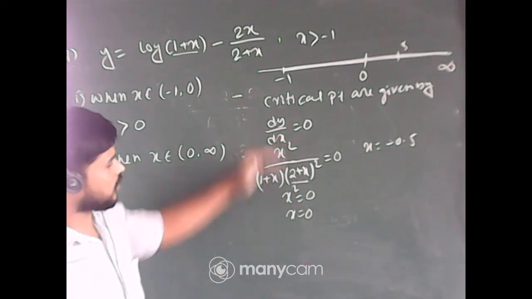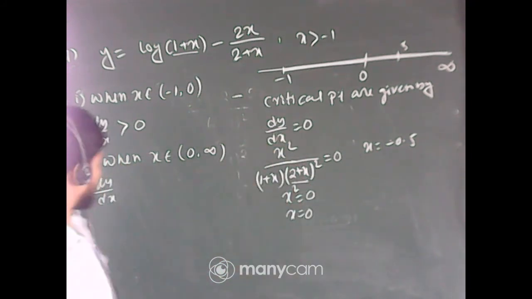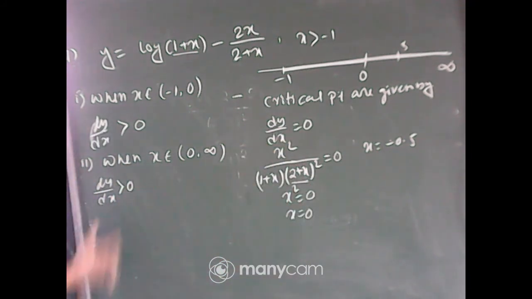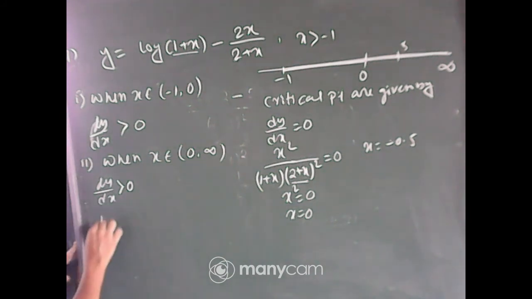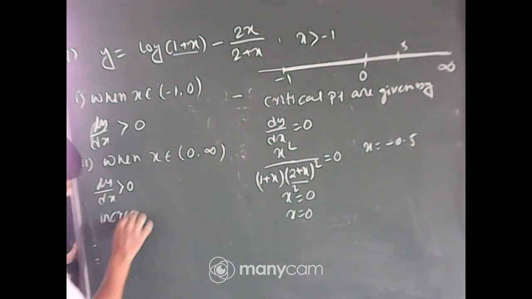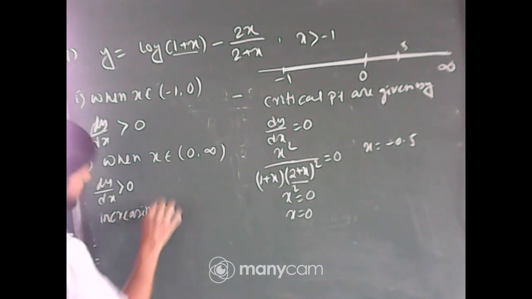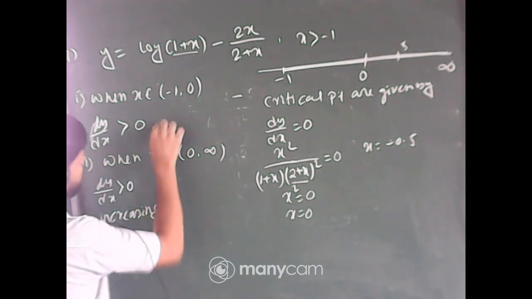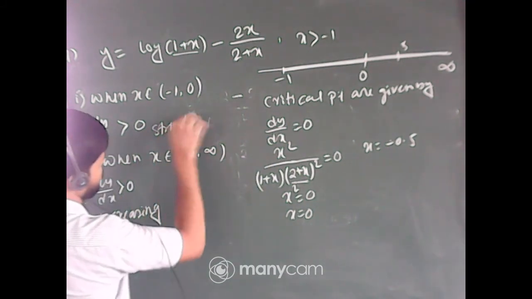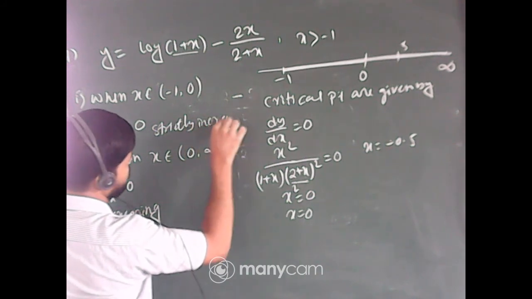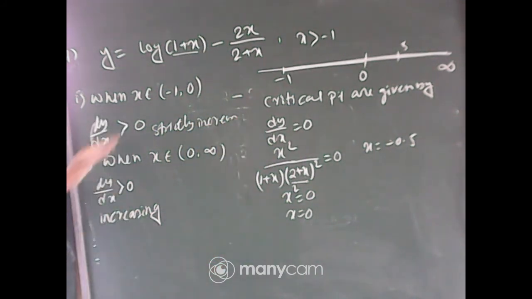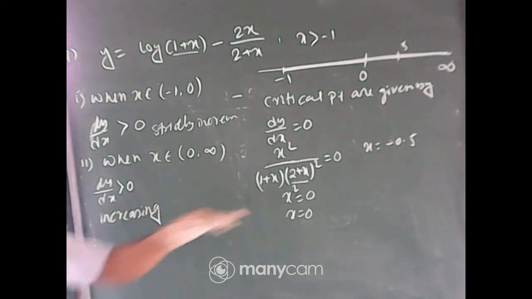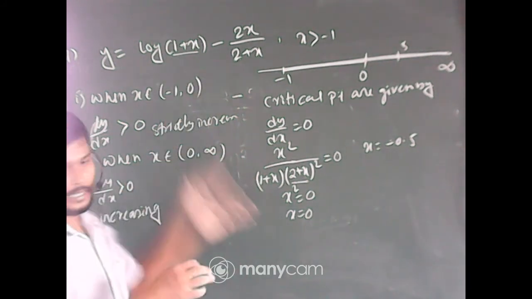So all the terms on the left hand side are positive, so the final result will be positive. So in that case the function is strictly increasing here, and this is also strictly increasing. That means on -1 to 0 it is increasing, on 0 to infinity it is increasing, so on the union of these two it will also be increasing.